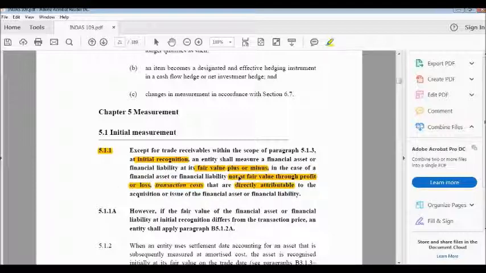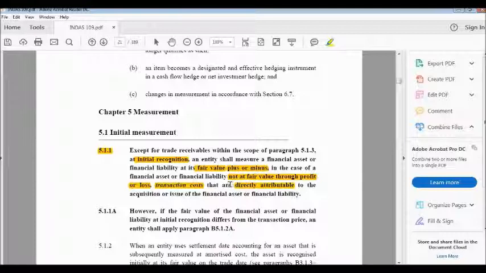So when your financial asset or liability is at fair value through profit or loss, the transaction cost will not be added to or deducted from the fair value. But if your financial asset or liability is at amortized cost or fair value through other comprehensive income, then add or minus the transaction costs that are directly attributable to the acquisition or issue of the financial asset or financial liability.